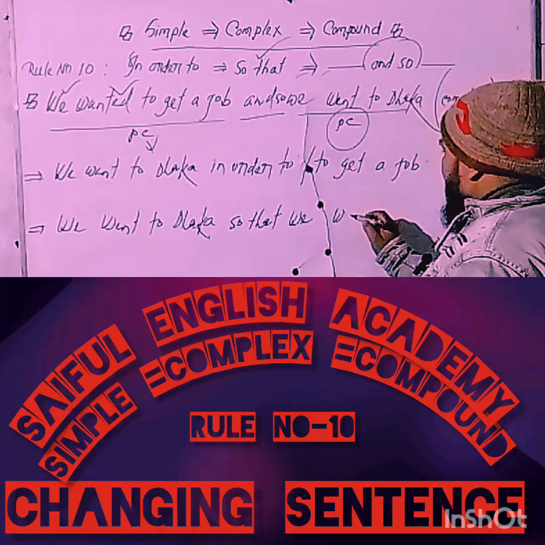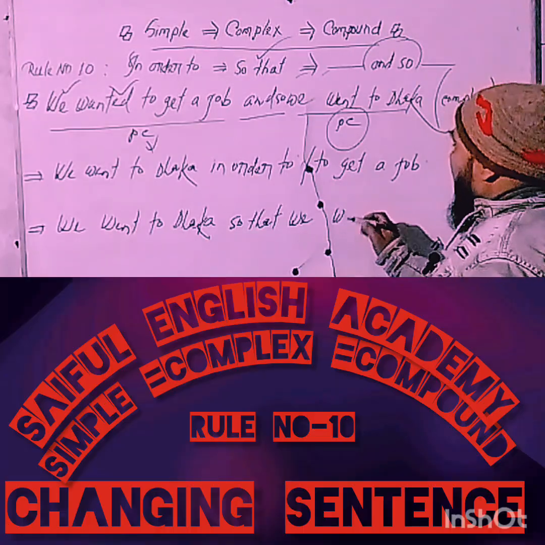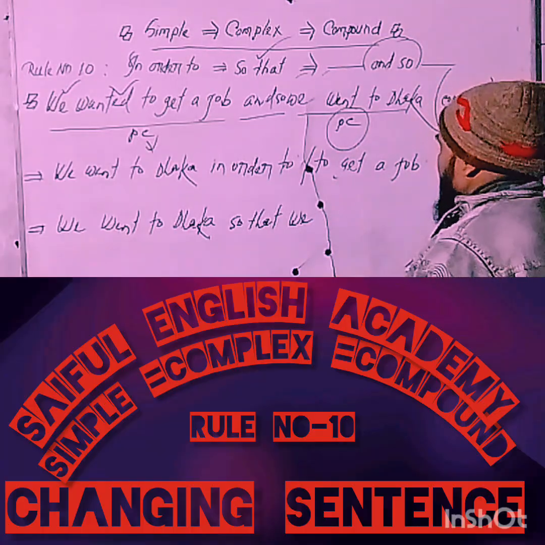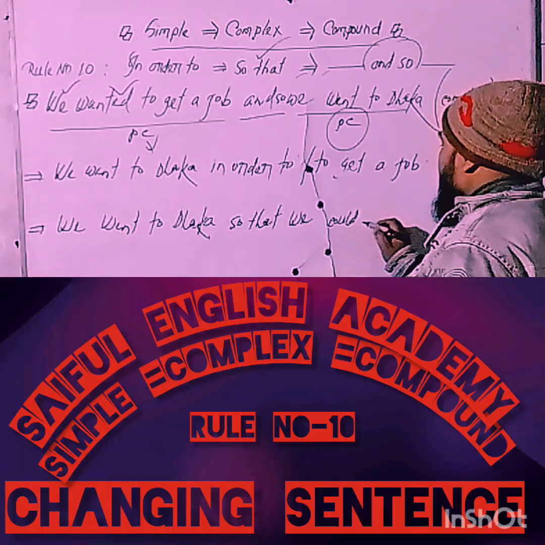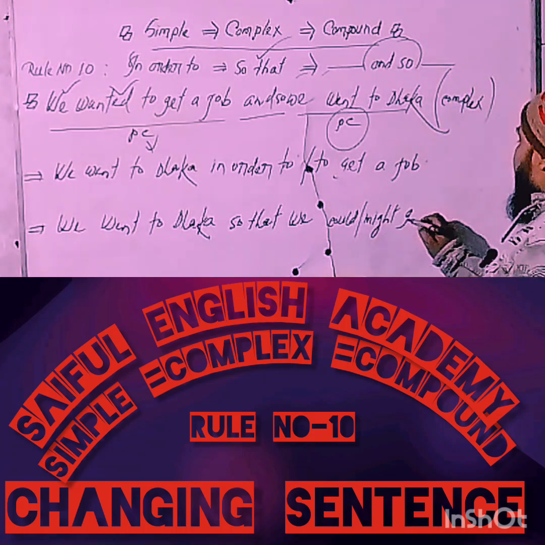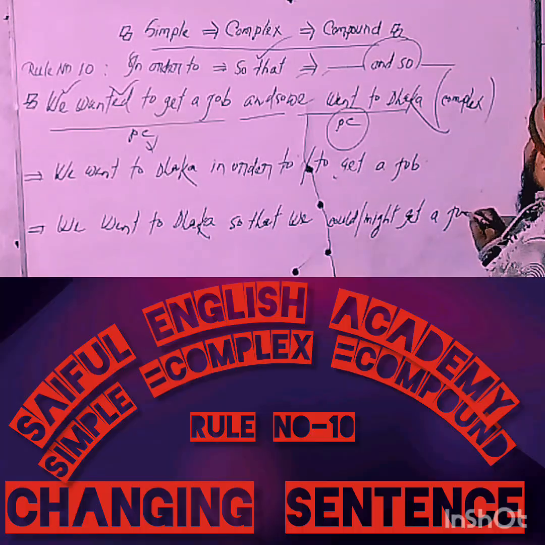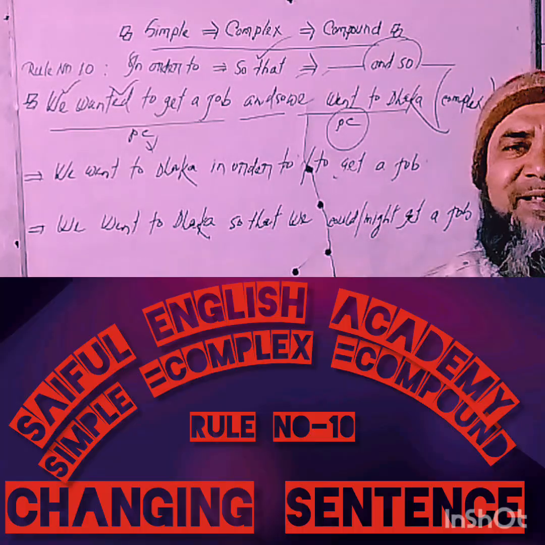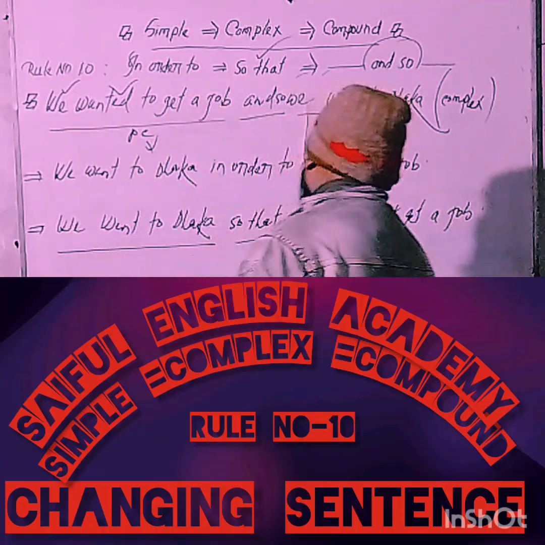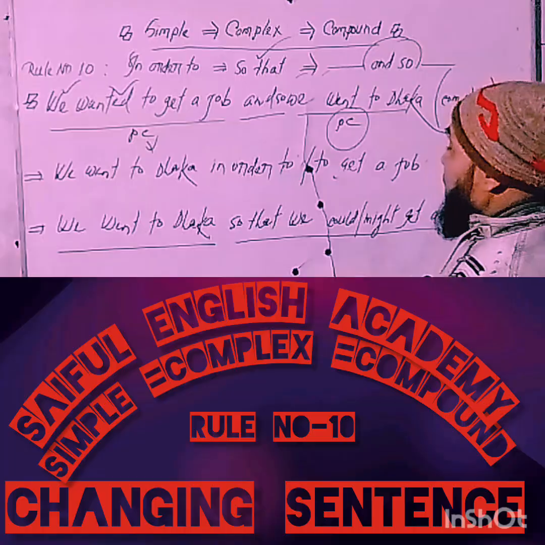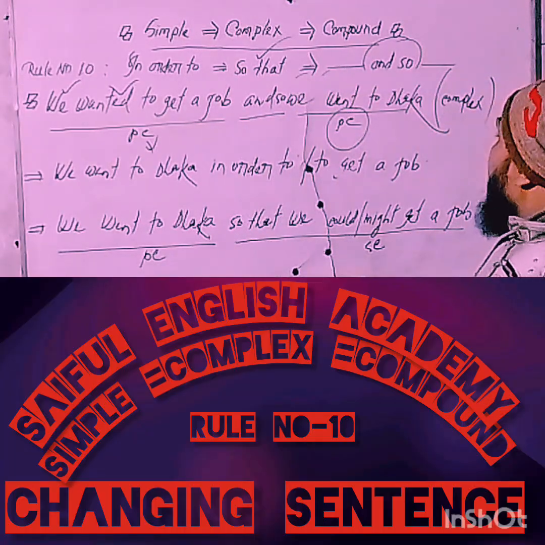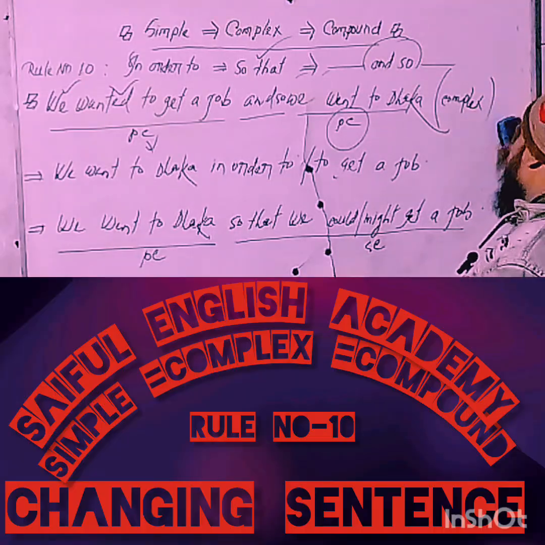We wanted, in this case, left to right, use could or might, then write the verb, then extension, job. Okay, my dear learners, already you can see that this sentence has been changed into a complex sentence because this sentence has one principal clause and one subordinate clause. I hope you have understood clearly.